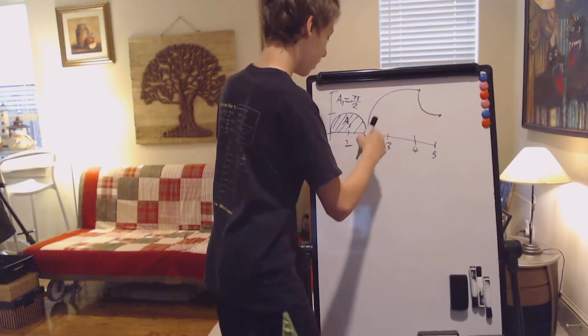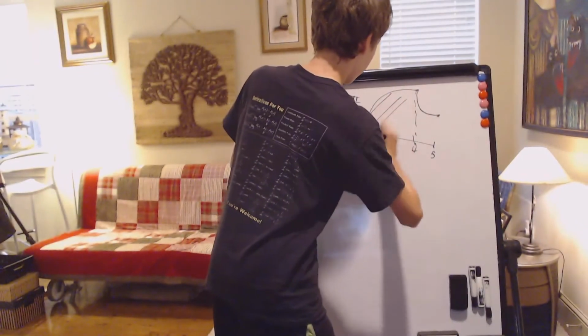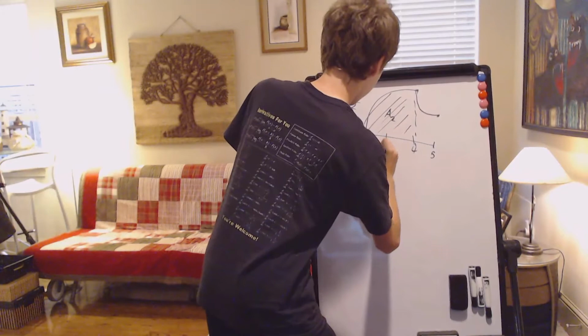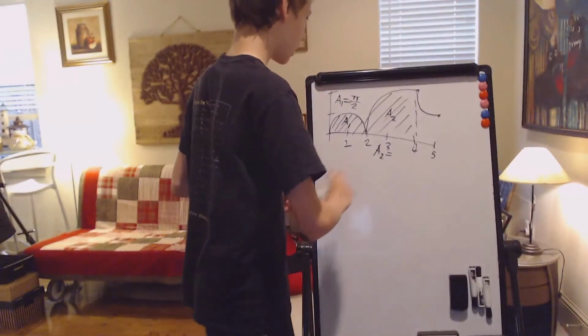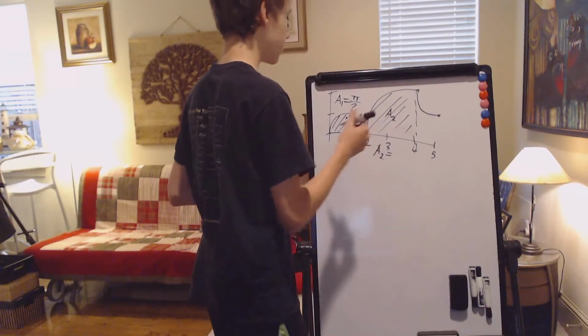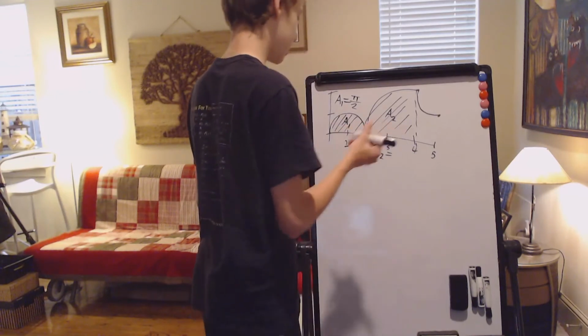Okay, and now we want to find the integral from 0 to 4. So this area. We'll call it A2. And A2 is equal to, well, this is actually a quarter of a circle. It doesn't look very good in my drawing, but it's not horrible.